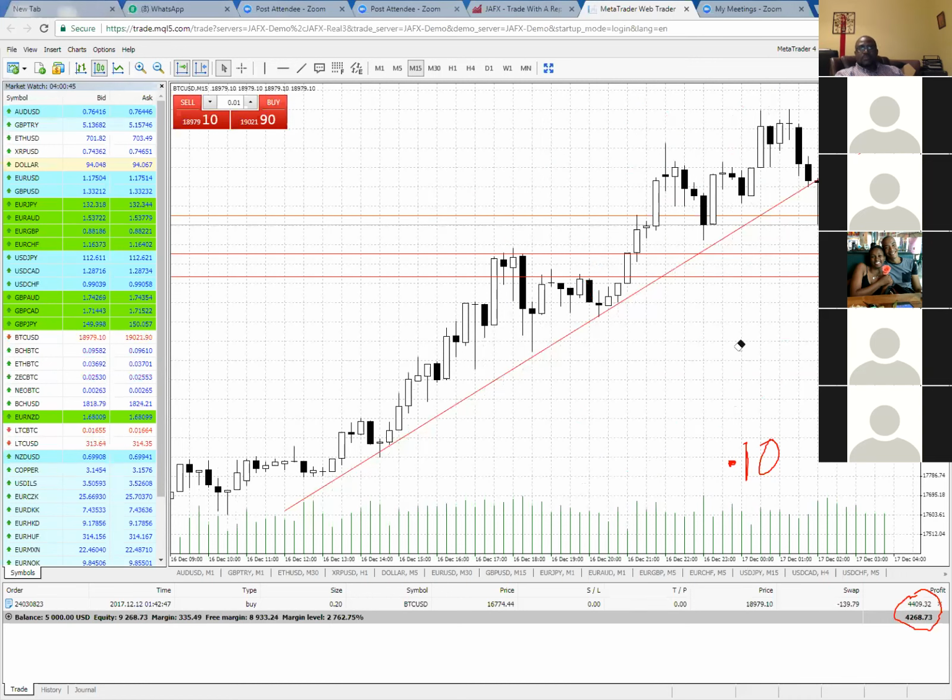So again, a 0.01 will be 1/10 of a 0.10, which means that you have more control with a smaller account. Because if, let's just say you have a $200 account.